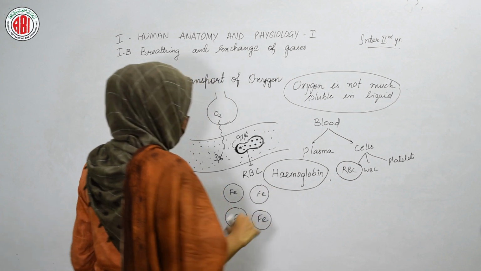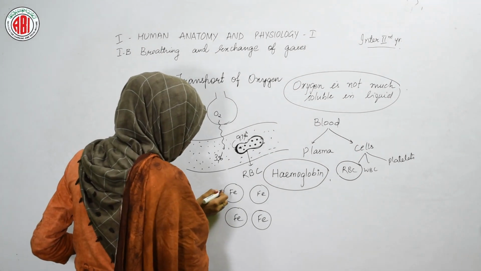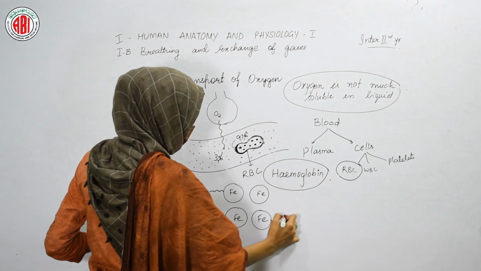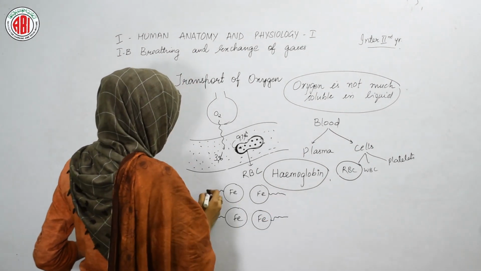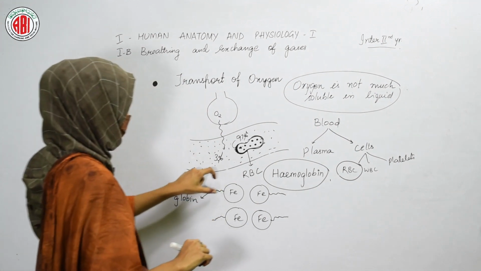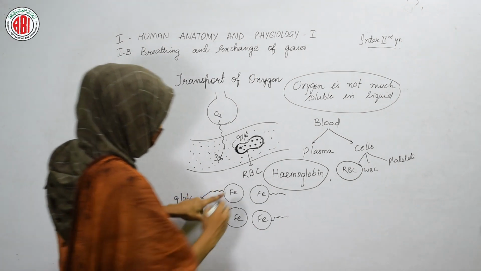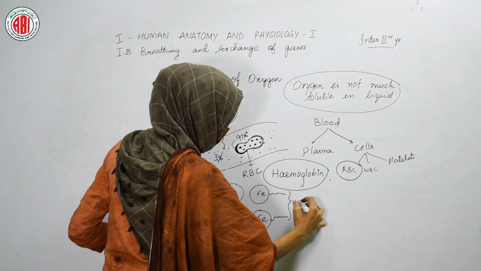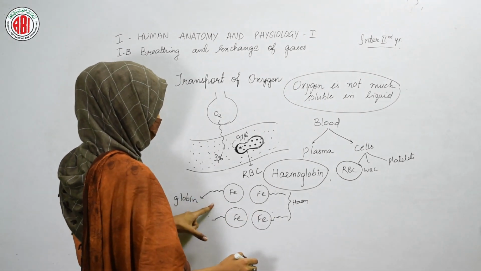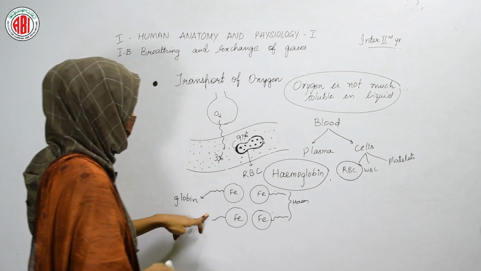So inside the heme groups, iron metal is found, and at the surface of all these 4 heme groups, a chain-like structure is present, and we call this chain globin, and it is made up of protein. So 4 heme groups and globin proteinaceous chains are found. This is the structure of the hemoglobin.